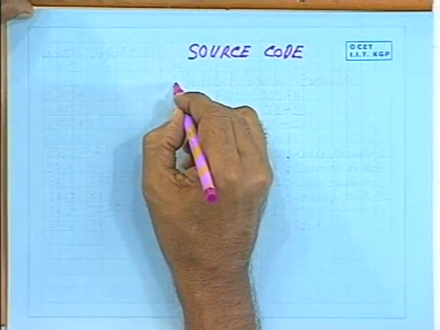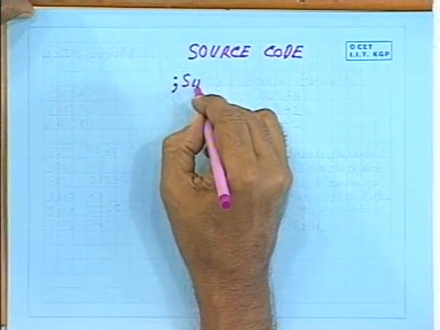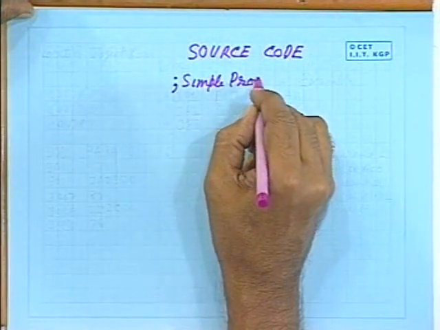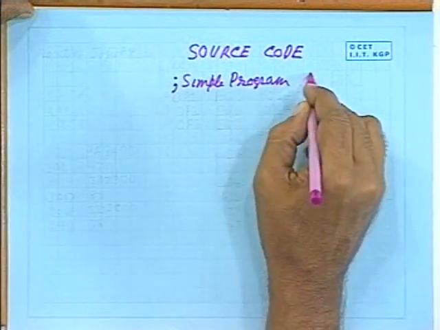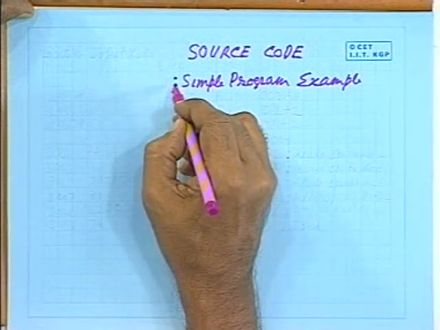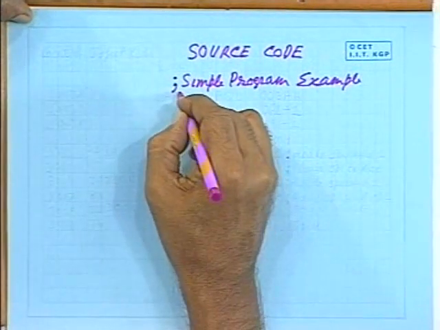Say I first give a comment that this is a simple program example. This is a comment because it has started with the delimiter semicolon.